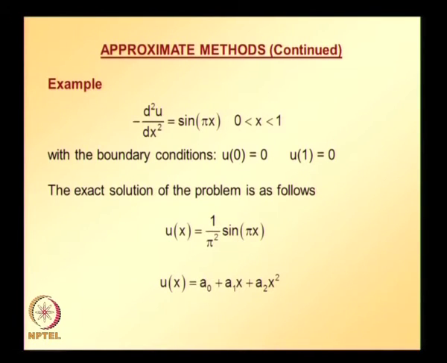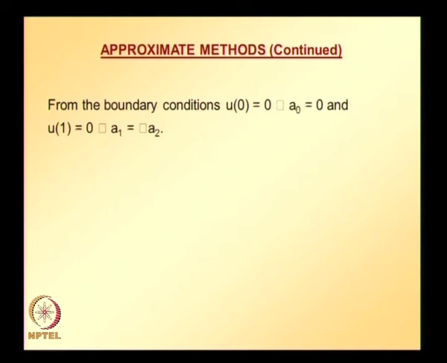Starting with a quadratic trial solution like this, after substituting the boundary conditions, u evaluated at x is equal to 0 is 0, that leads to a naught is equal to 0. u evaluated at x is equal to 1 is 0, that leads to a1 is equal to minus a2.